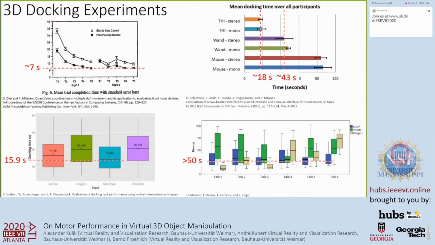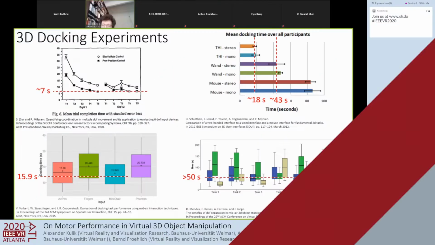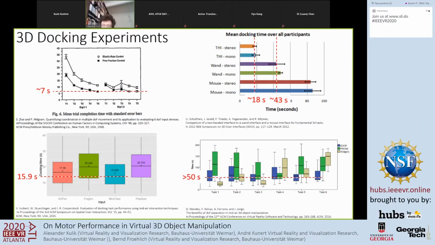So the question comes up, does it really take 7 seconds or even more to move an object from one place to another within arm's reach? And what does it mean if one condition compared to be significantly better than another, but it still required 10 seconds or more to move that virtual object? How can we even know in such cases that baseline conditions have been implemented good enough?